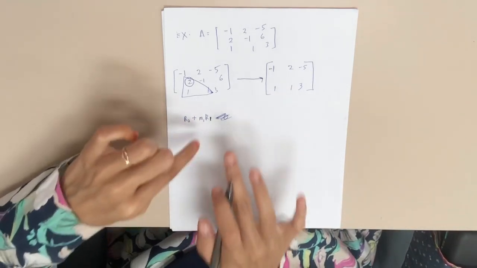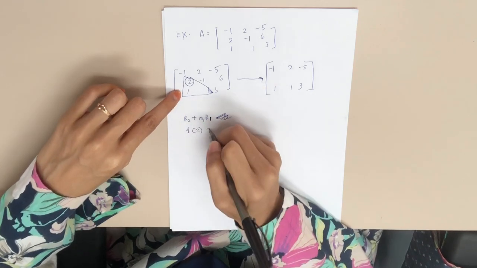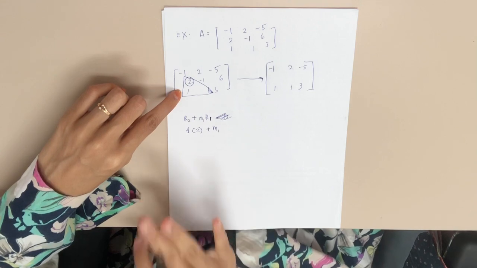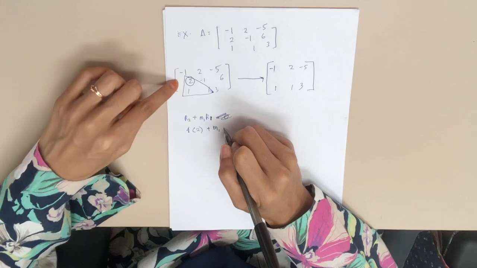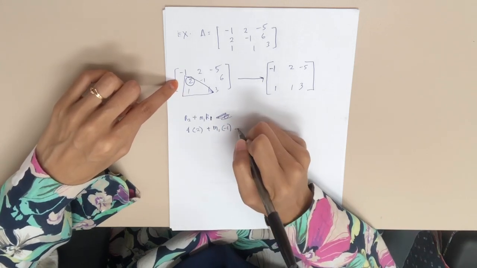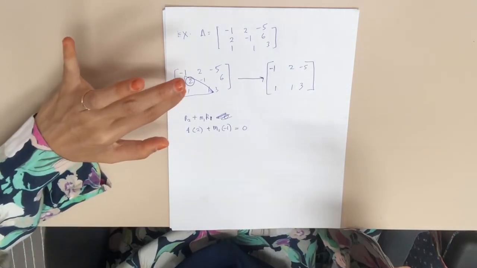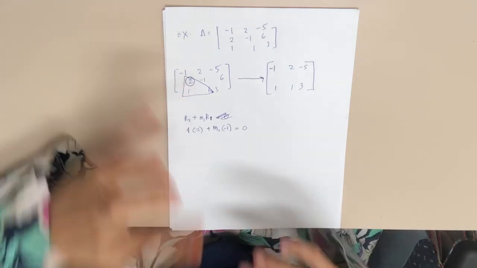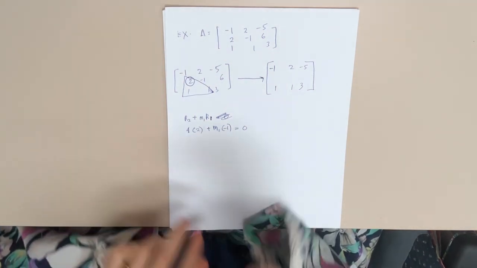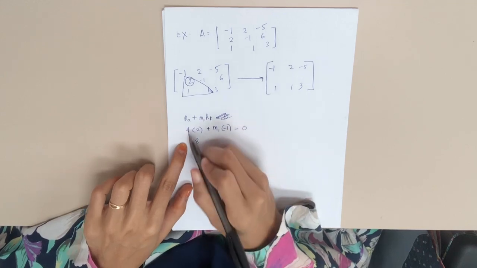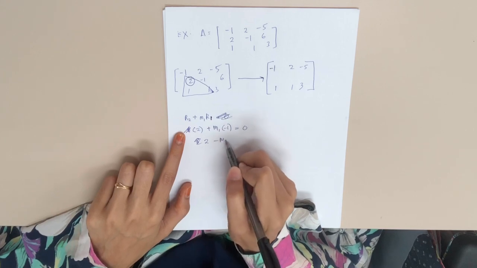R2 plus M1 times R1. Your R2 entry here is 2, plus your M1, which you still don't know, times your R1 entry, which is negative 1. And this equation equals 0, because we want to change this 2 to become 0. So 2 minus M1 equals 0.